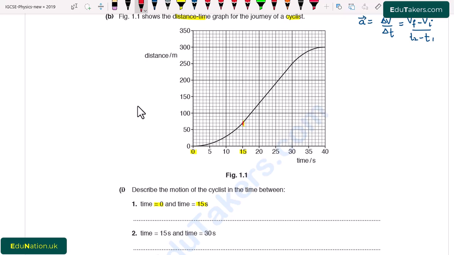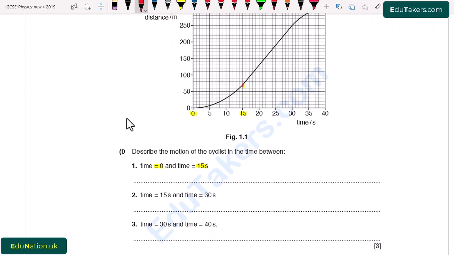So we can simply say that the cyclist is accelerating from 0 to 15. I write here accelerating or moving faster.